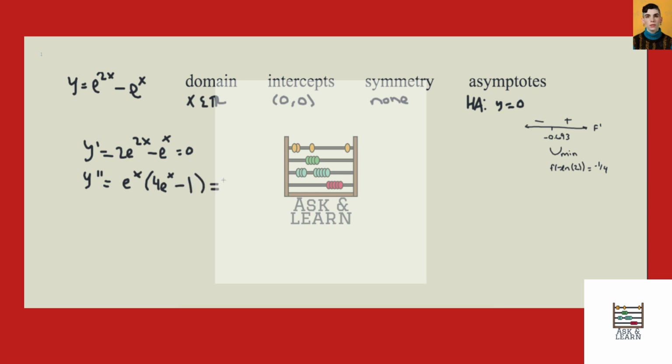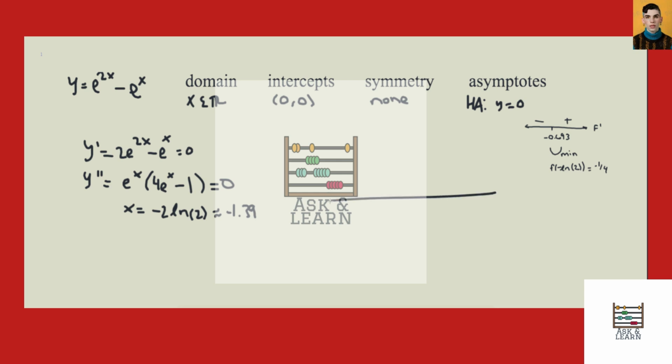And if we set that equal to 0, then we see that our critical point is negative 2 ln of 2, which is about negative 1.39.